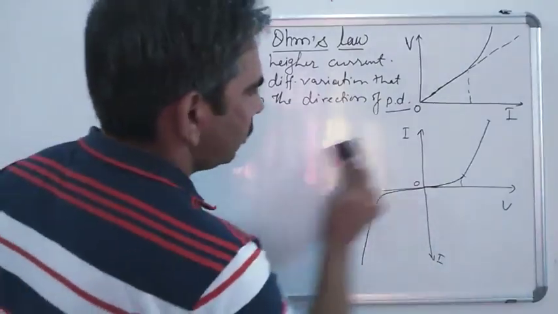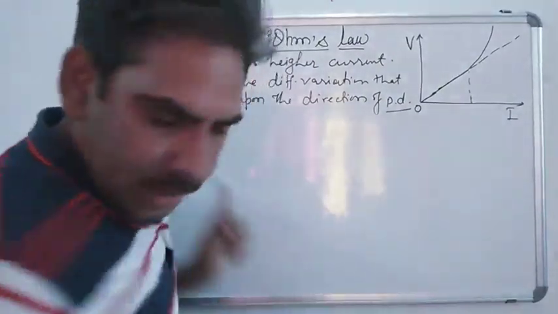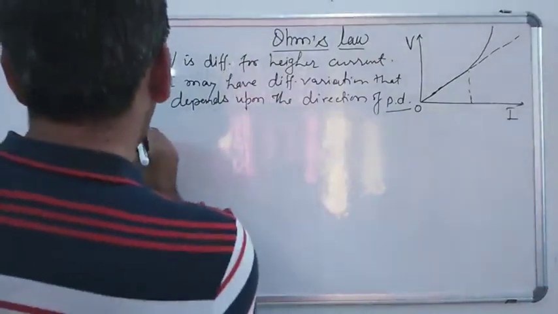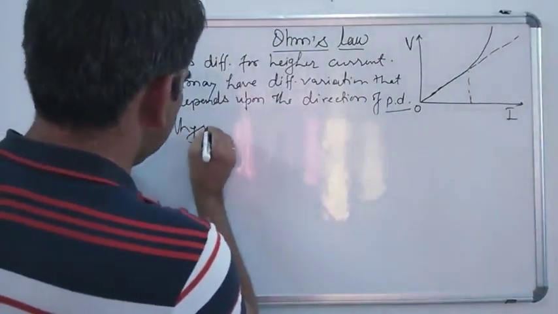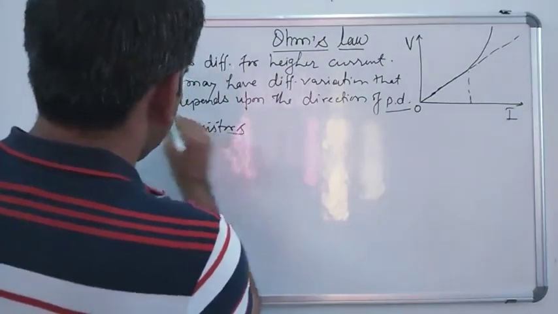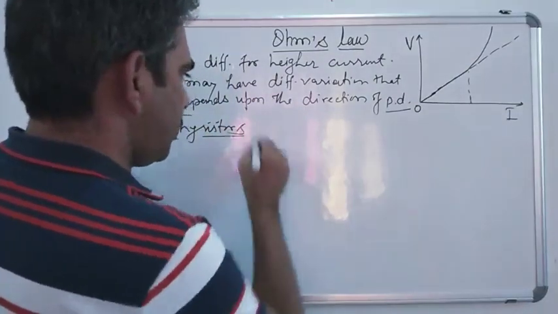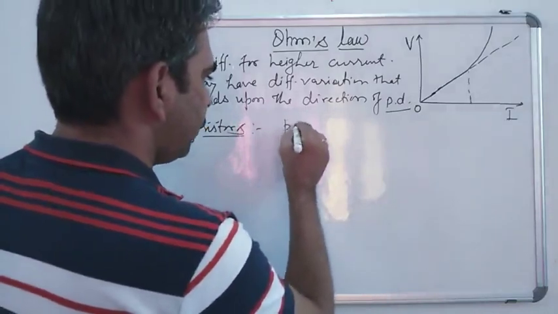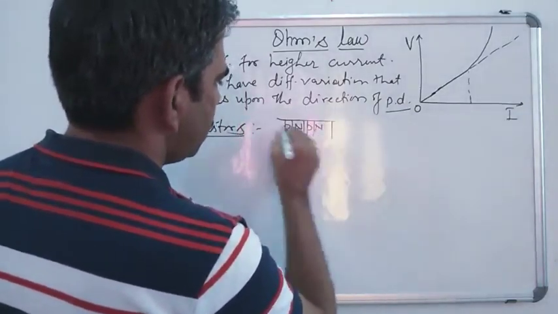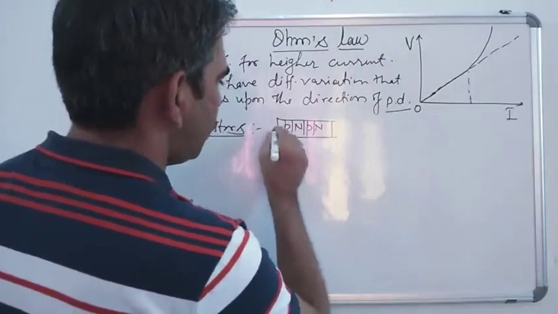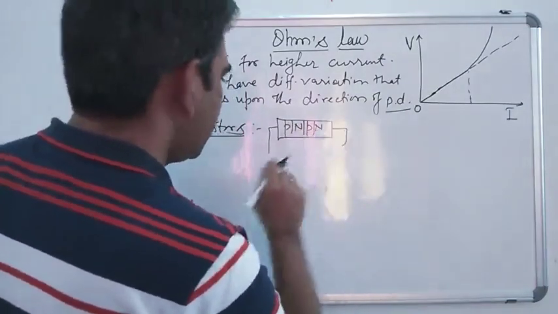And the third kind of situation is the thyristors. Thyristors are regions which are connected with PN type semiconductors. Two PN type semiconductors are joined in order to create a thyristor.